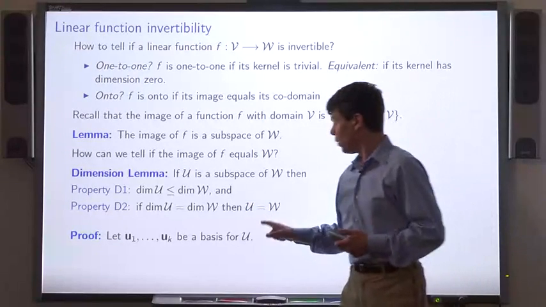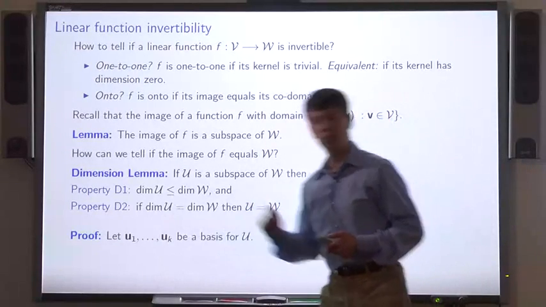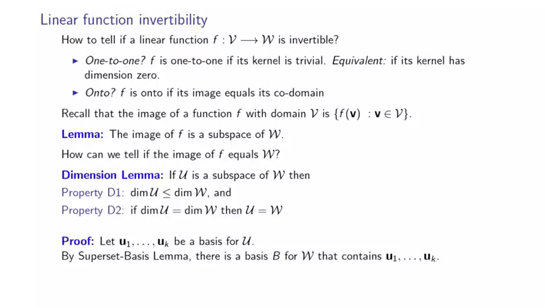We start with a basis for big U, U1 through UK. By the superset basis lemma, we can take that basis and extend it to get a basis for W by adding a few more vectors.